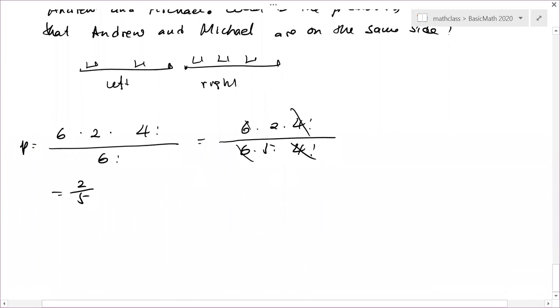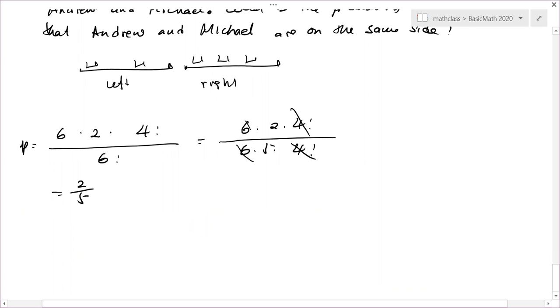Yes, you need to design the first step and the second step to assign the seats, so you guarantee Andrew and Mike will be on the same side. You can call Mike first. Mike selects a seat first. There are 6 seats, so Mike has 6 choices. Then Andrew selects a seat.